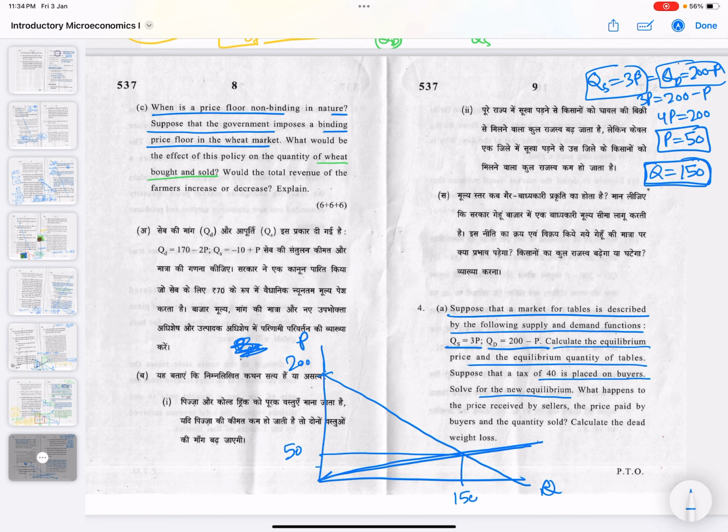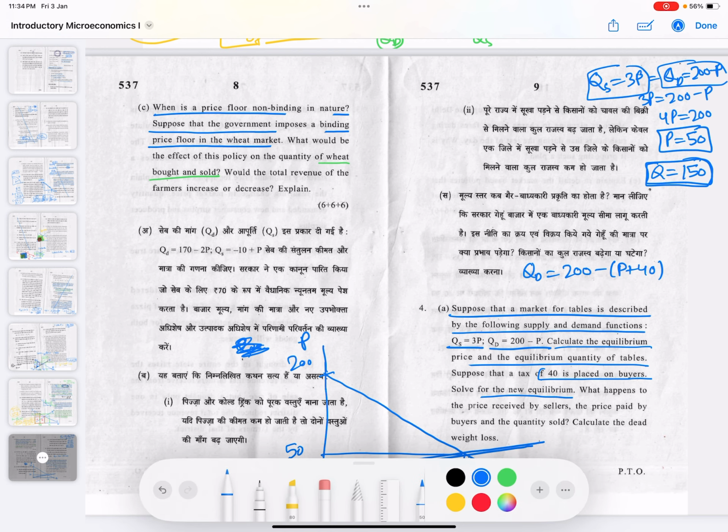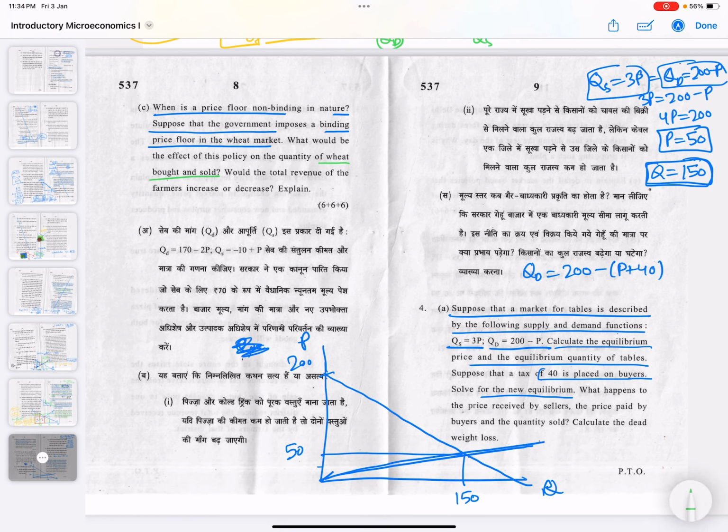The quantity is 150. Now, if a tax of 40 rupees is being imposed on the buyers, the new demand function would become QD equals 200 minus P minus 40. So the demand would actually fall. It would lead to an inward shift of the demand curve. Now we can find the equilibrium quantity.